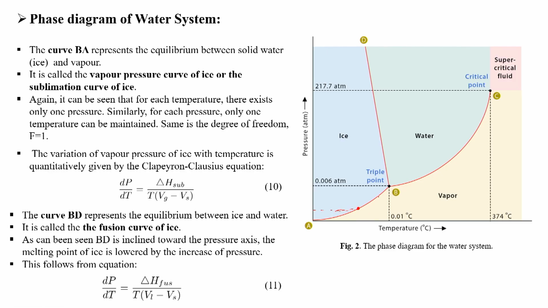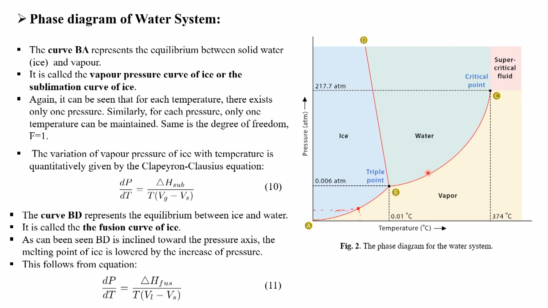Similarly, for each pressure, if we fix the pressure here, in order to maintain this two-phase system, this will be the corresponding temperature. So again, the number of degrees of freedom is 1. So along these coexistence lines, we have discussed so far two, curve BC and AB, along these lines we get two phases.